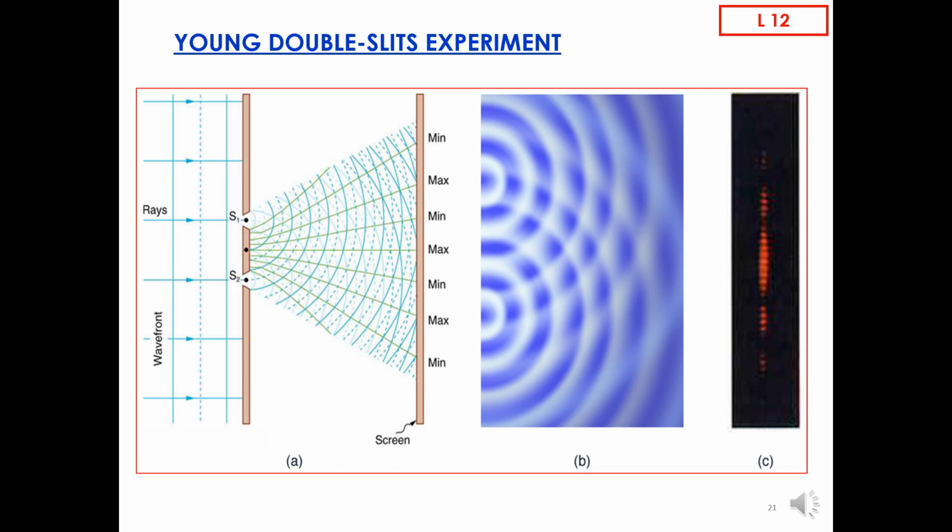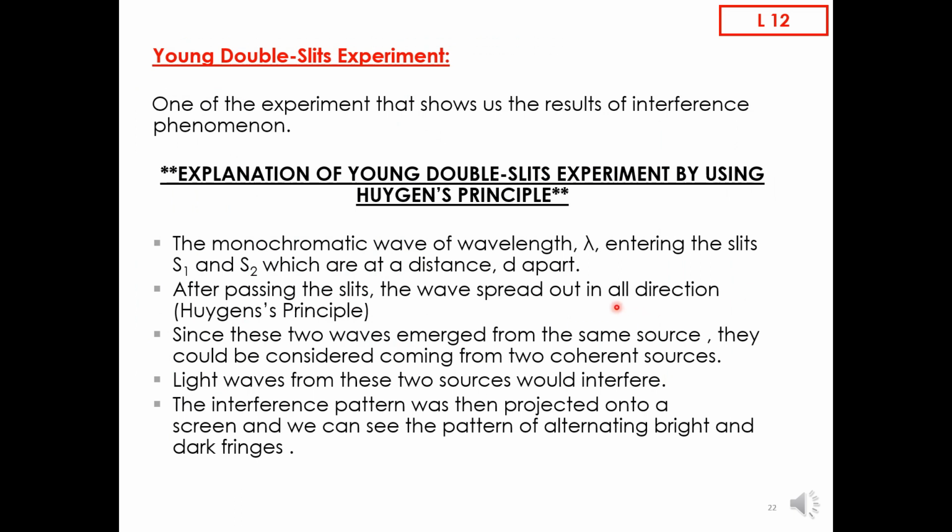Next, we go to the explanation about the Young double slit experiment by using Huygens' Principle. Young double slit experiment is one of the experiments that show us the result of the interference phenomenon.